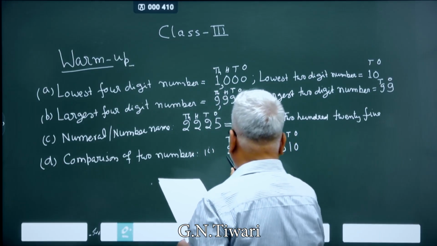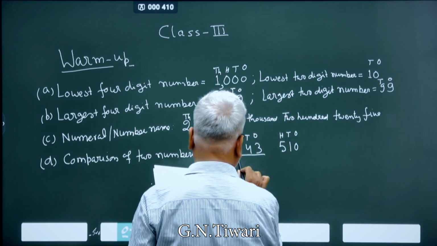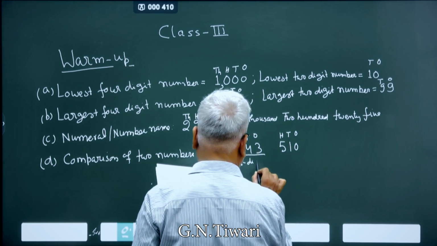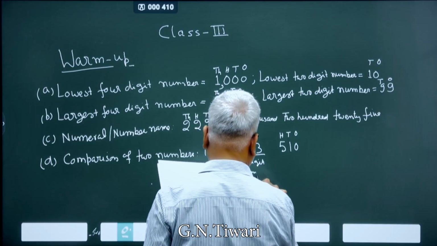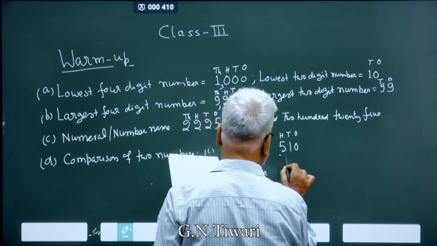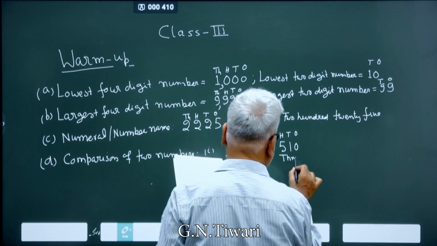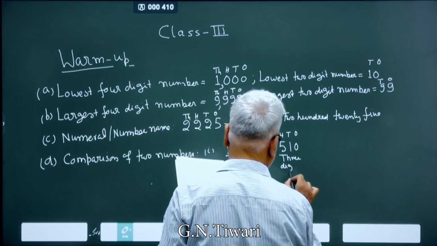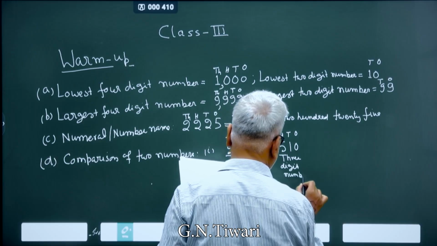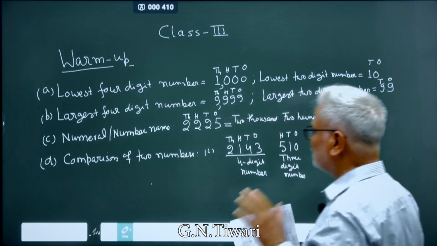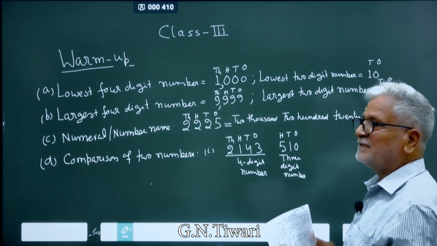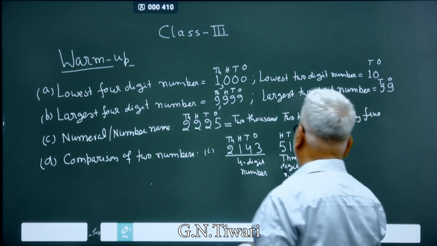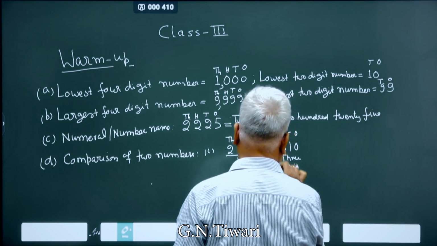Here, this is a 4-digit number, and this is a 3-digit number. The student should be told that a higher digit number is always greater than a lower digit number. They should put the sign here.